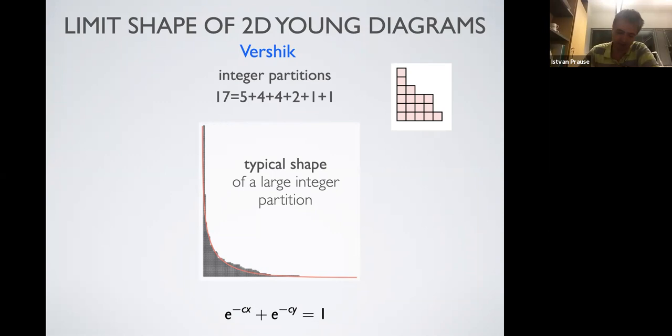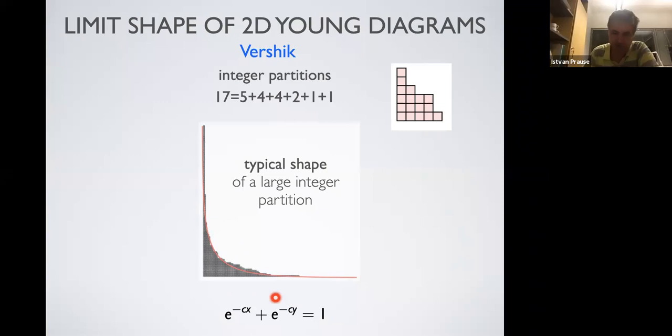such partition, and let's draw the associated Young diagram, but at the same time rescale the picture so that it has a fixed macroscopic scale. And then what happens is that there is a deterministic limit curve here, so that almost overwhelmingly large majority of the partitions lie close to a fixed curve, which is parameterized by this equation.